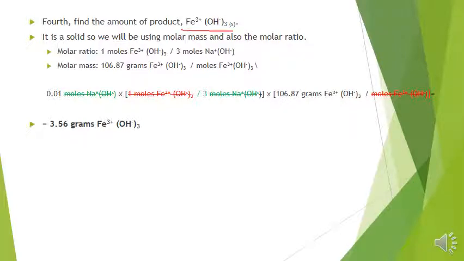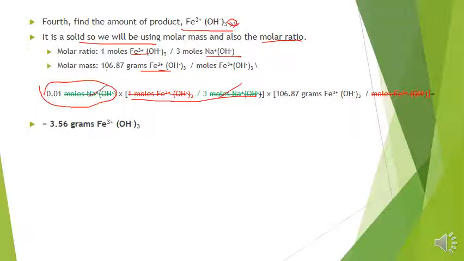Okay, finally I'm going to find the molar product. So the product is the iron hydroxide, and it's a solid, so we're going to be using molar mass. We're going to need to use the molar ratio. So the molar ratio from up above is, we're looking at the ratio of the sodium hydroxide, the reactant, with the product. Okay, and the molar mass of iron hydroxide is this. So this is what we started out with, and we're going to multiply that by the molar ratio.